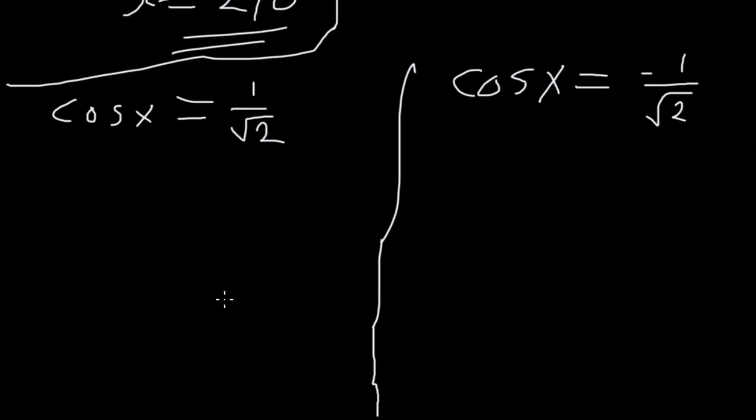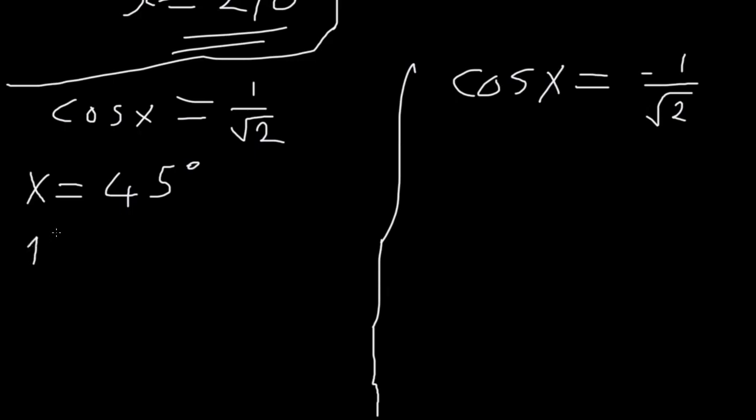Having done this, you can now find the values of x. This side, the value of x is cos inverse of 1 over root 2. You find your x to be 45 degrees, and since it's positive, it's in the first quadrant and in the fourth quadrant.